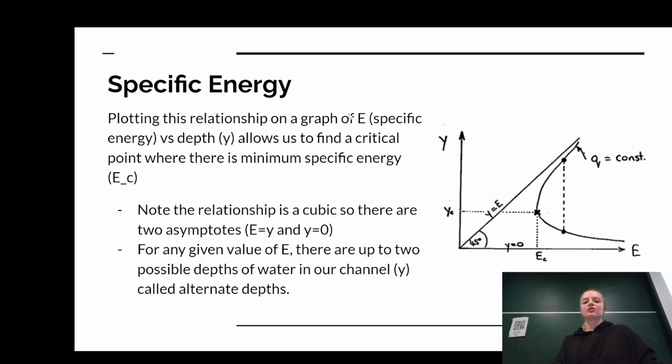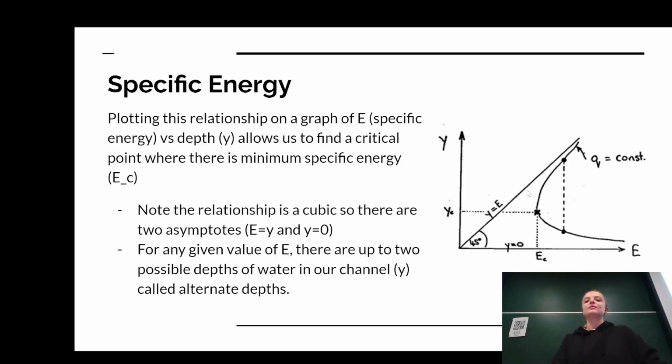We plot this relationship on a graph of E versus y, so specific energy versus depth. We've got specific energy on the x-axis and depth on the y-axis, and then we notice that it's kind of got this asymptote here where y equals E, and another asymptote here where y equals 0.